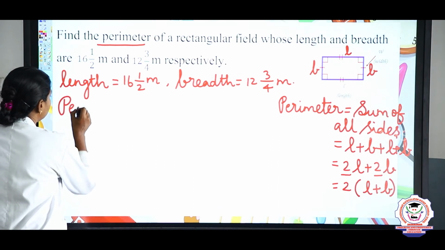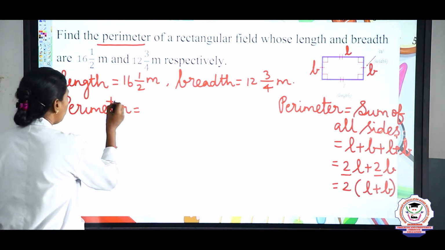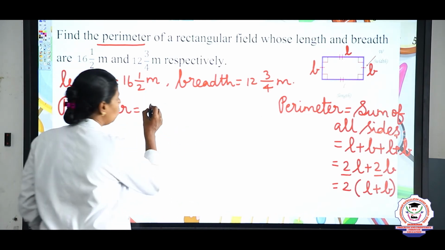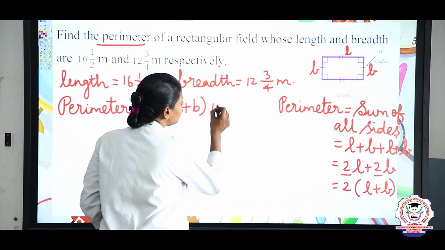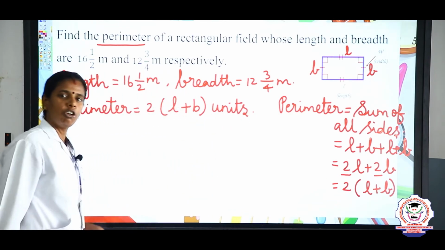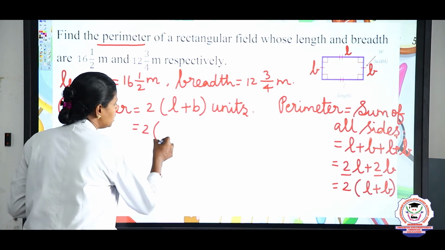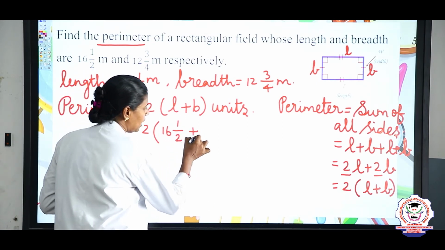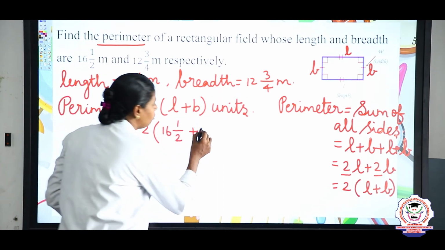So perimeter equal to, the formula of the perimeter of the rectangle is 2 into L plus B units. Very good. Just substitute the values. 2 into L, L is 16 1 by 2 plus breadth. What is the breadth value? 12 3 by 4.